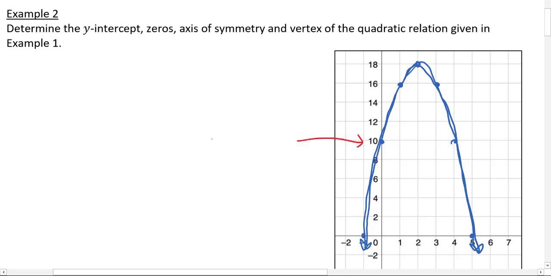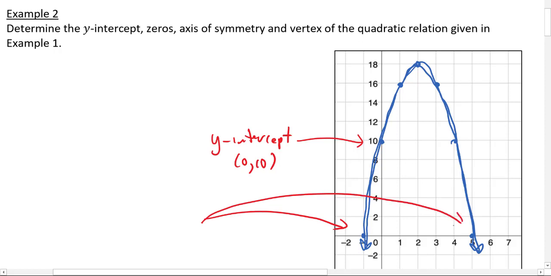So now we see that the y-intercept is at 0 and 10. The zeros we can see are here and here. So we have the first zero at negative 1 and the second zero at 5.